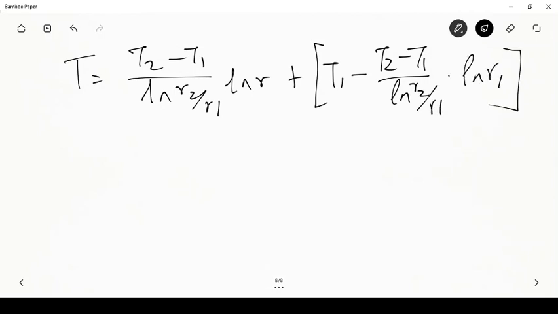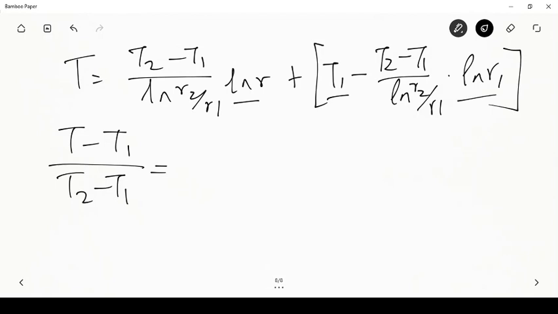So I can rearrange this. I bring this T1 to the left hand side, and then you have only T2 minus T1 by this. I bring the T2 minus T1 also to the left hand side, so I get T minus T1 by T2 minus T1 will be equal to, there is a log R and a log R1, so I will get log R by R1 by log R2 by R1.